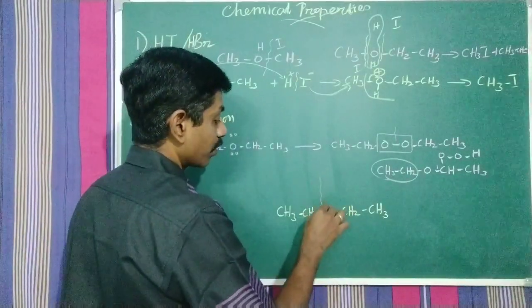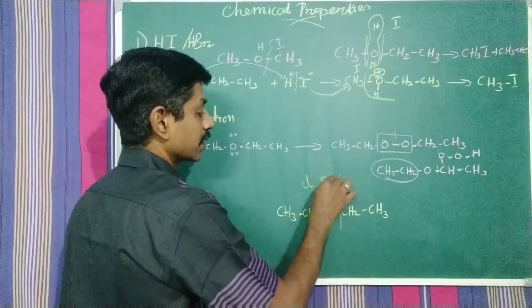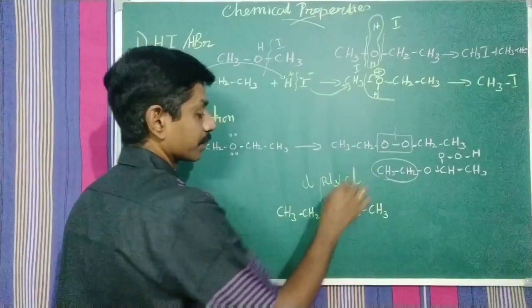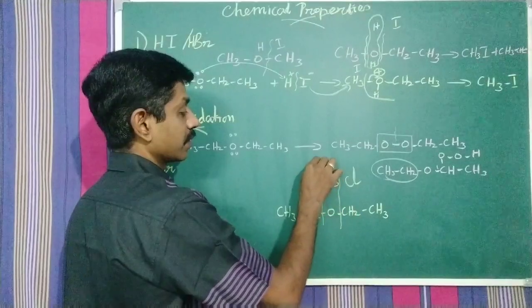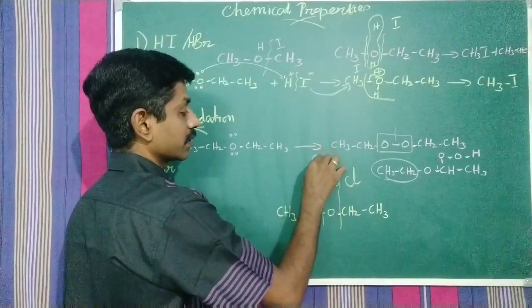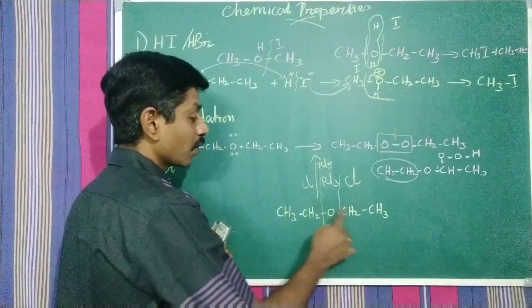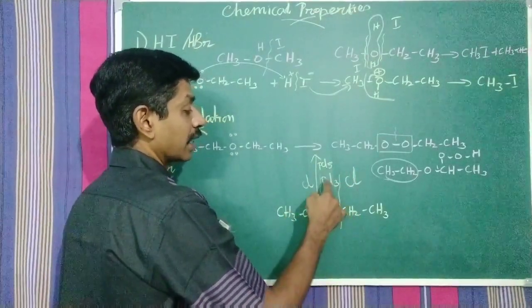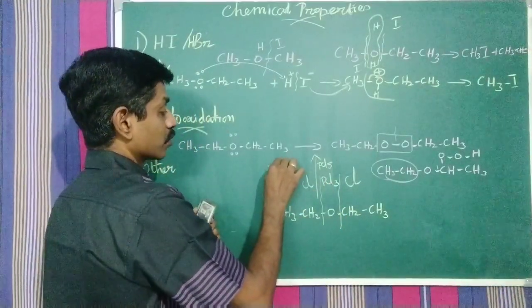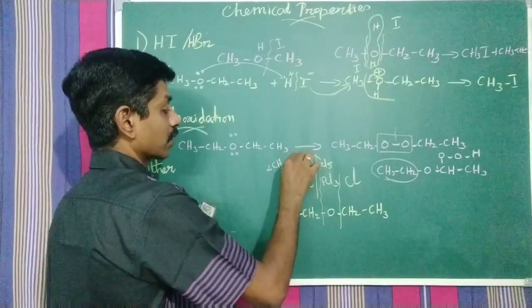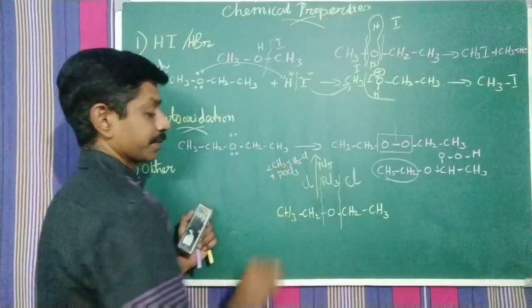When you do that, the bond breaks this way, and one chlorine here, PCl3 here, and chlorine here. You can have an easy guess: when any of the ether is treated with PCl5, phosphorus pentachloride, 2 molecules of ethyl chloride and one POCl3 will be a product. So 2 molecules of ethyl chloride and phosphorus oxychloride is another product.